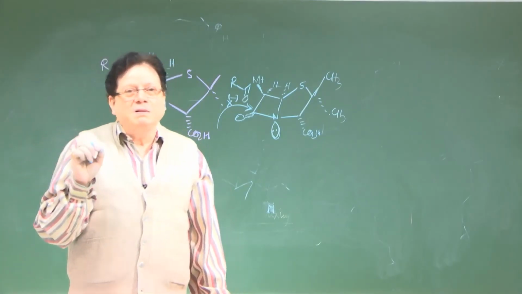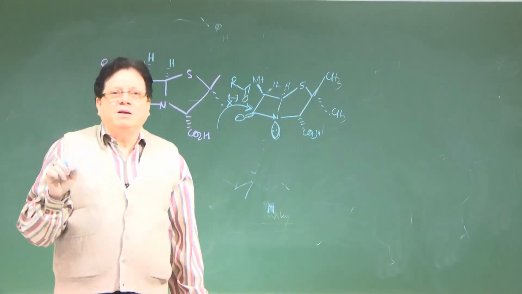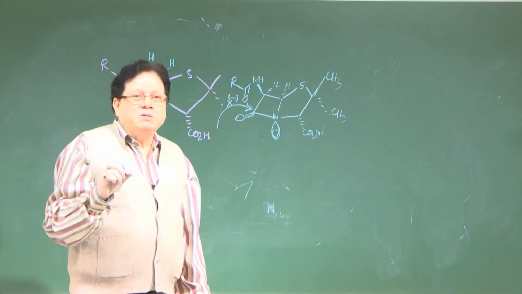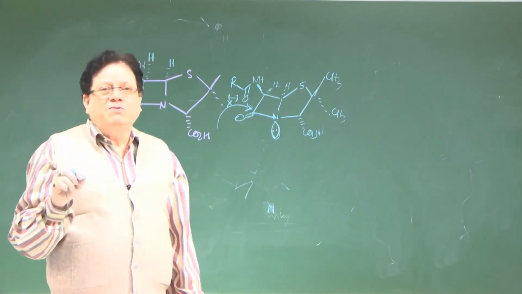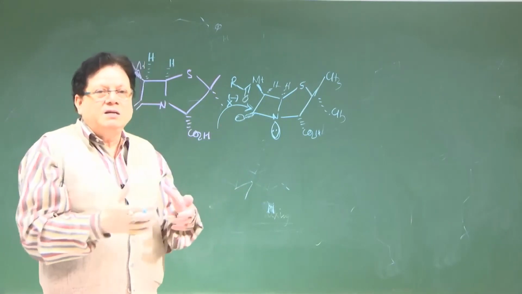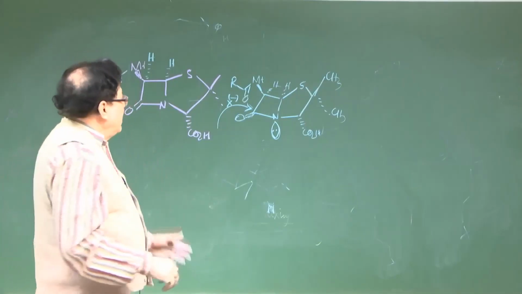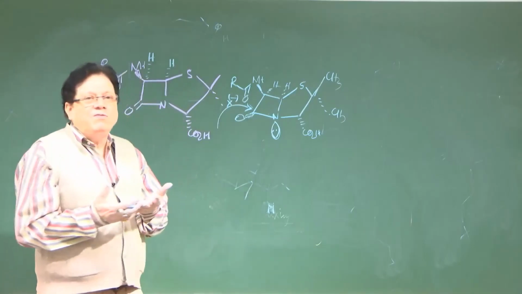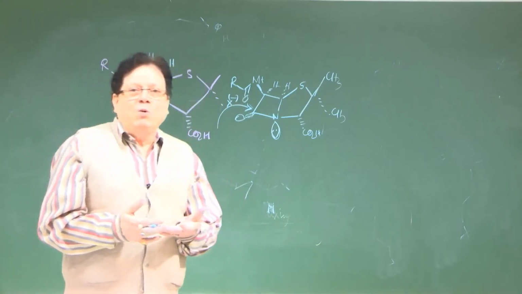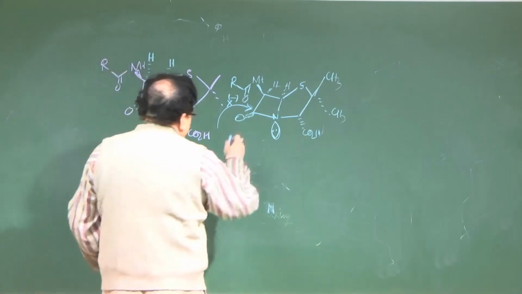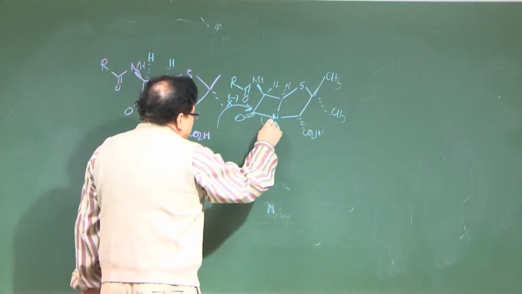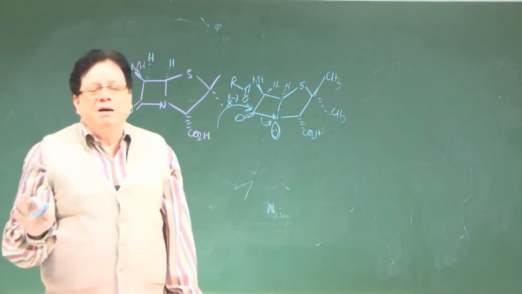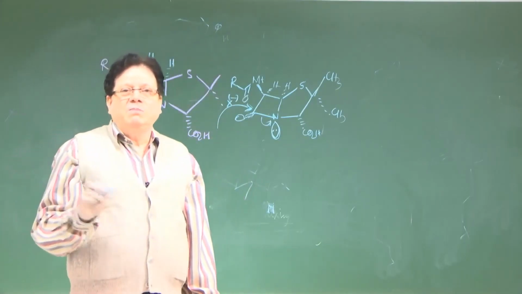That is the basic principle of antibacterial action of penicillin. So, it actually stops an enzyme from doing its function. The enzyme attacks the penicillin molecule via a nucleophile that the enzyme has, attacks the carbonyl and opens up this bond. So, this is the simplistic mechanism of the action of penicillin.